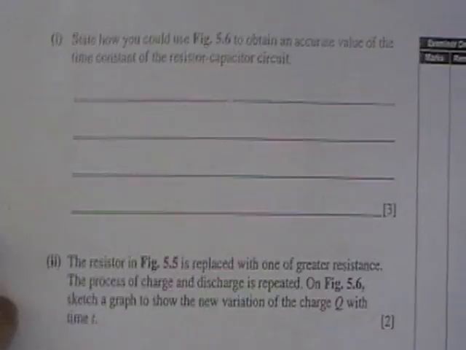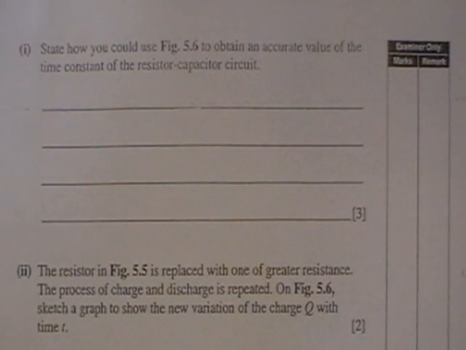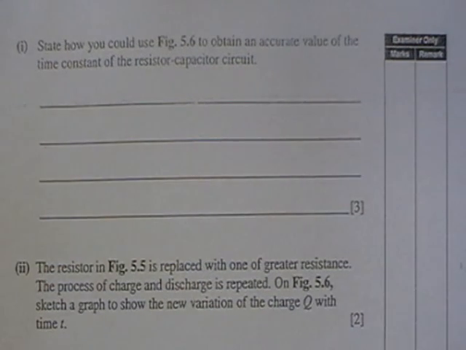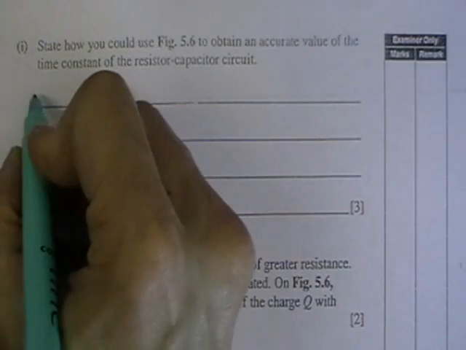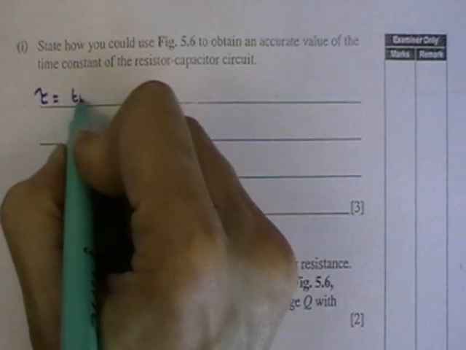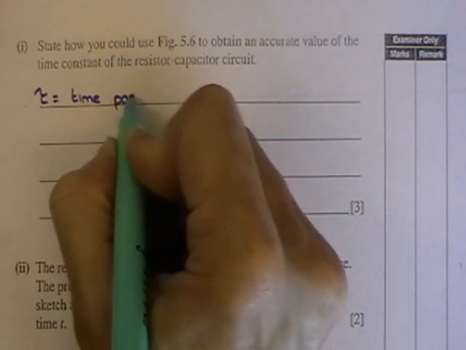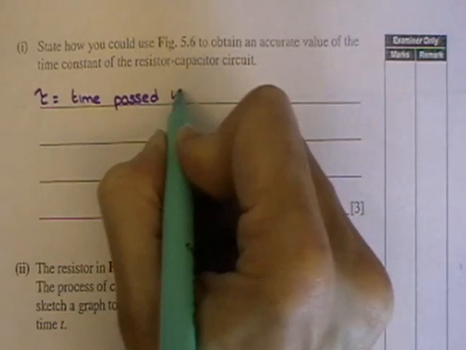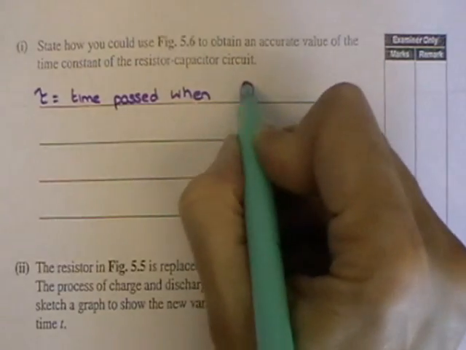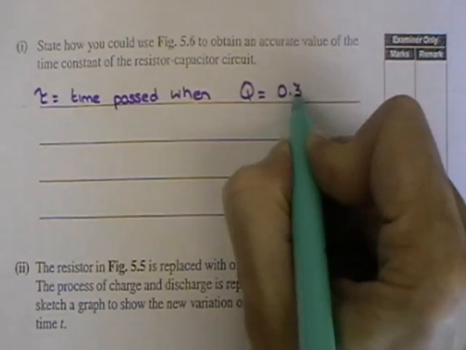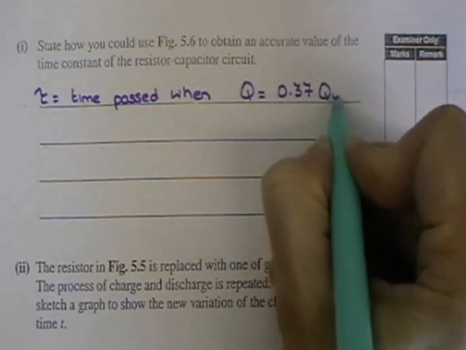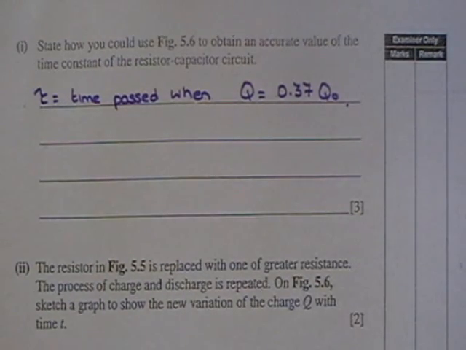So the first part of the question says, state how you would use figure 5.6 to obtain an accurate value for the time constant of the resistor capacitor circuit. So the time constant is the time that has passed when the value of Q has fallen to 37% or 1 over e of its original value.